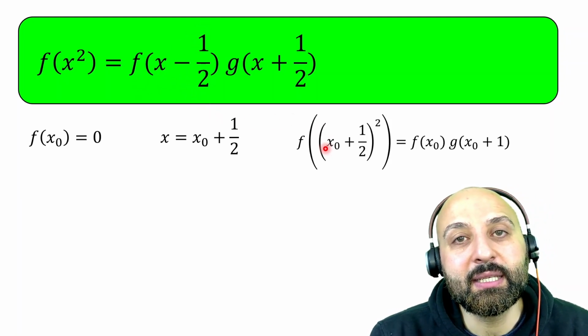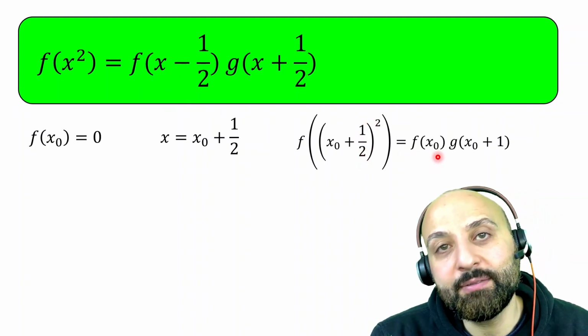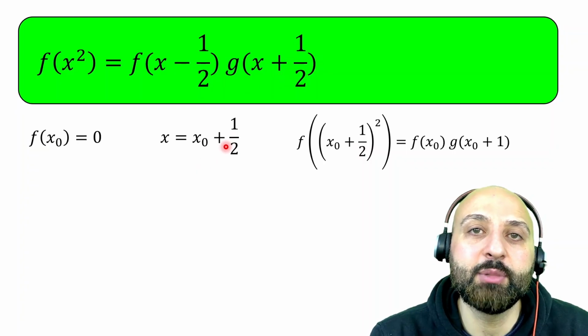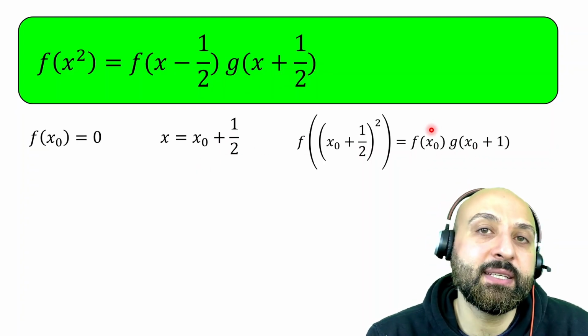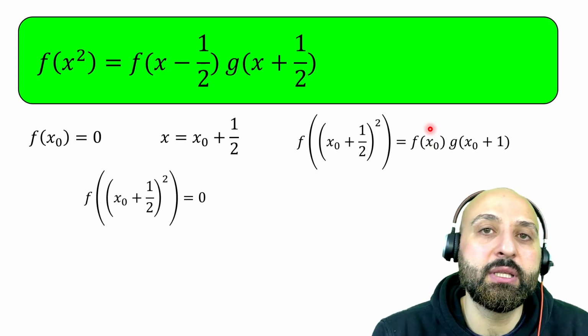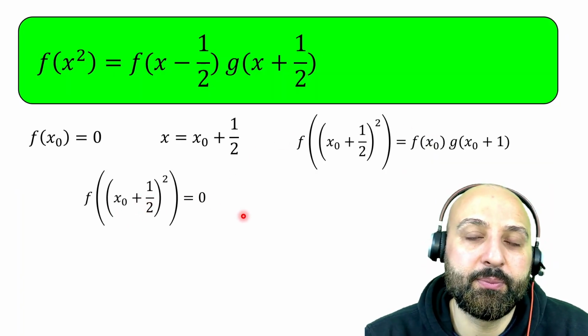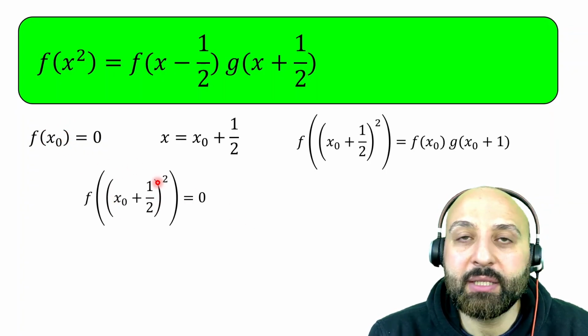So f((x0 + 1/2)²) will be equal to f(x0) times g(x0 + 1). This plus half becomes x0 plus 1. And because f(x0) is equal to 0, we can conclude that f((x0 + 1/2)²) is equal to 0. Okay, so we assumed one root and we obtained another root.